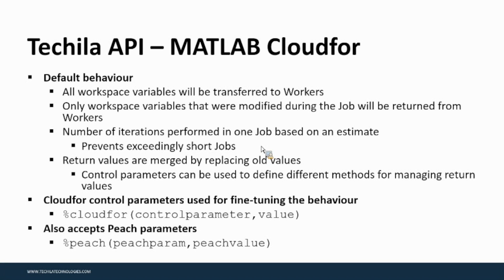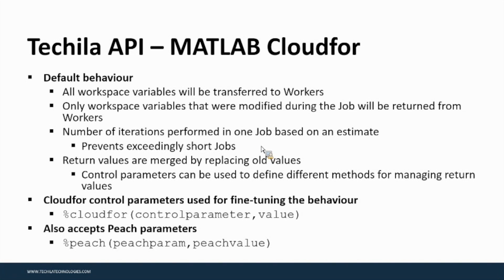Then, because of this local estimation, the iterations will be grouped so that multiple iterations will be performed in each job. Because in that type of situation, it wouldn't make sense to create a project consisting of 1,000 jobs, and each of those jobs would just execute one iteration, which would multiply the value of the iteration counter by 2. Instead, it makes more sense to group the iterations together so that we process all of the iterations in one job, or for example, half of the iterations in 2 jobs.